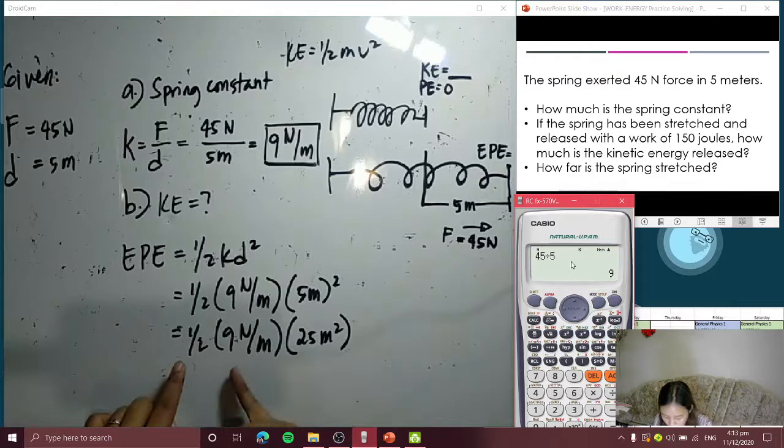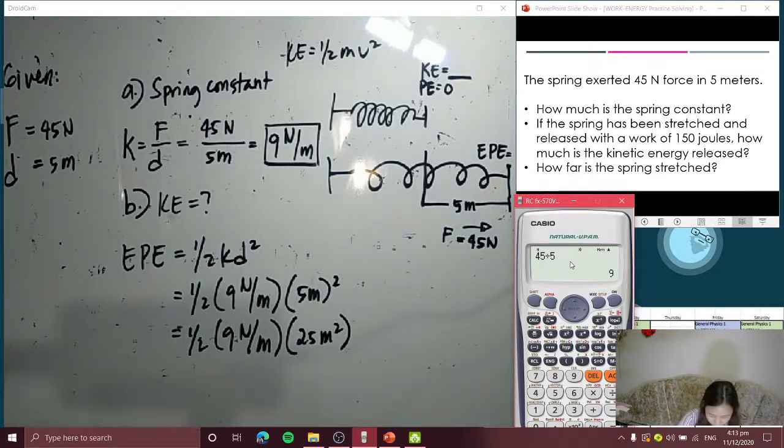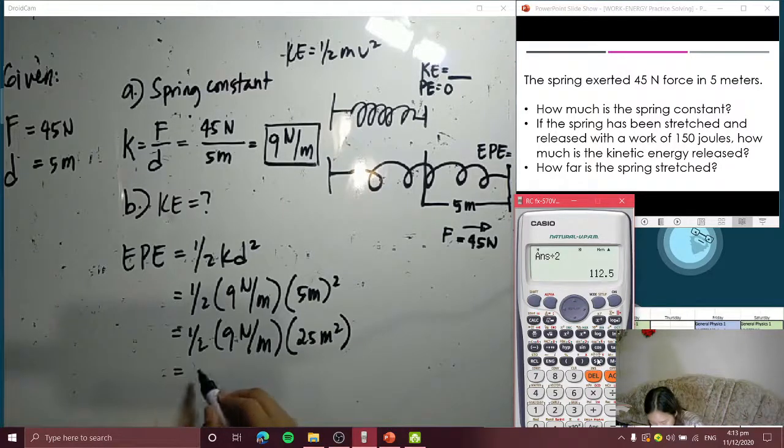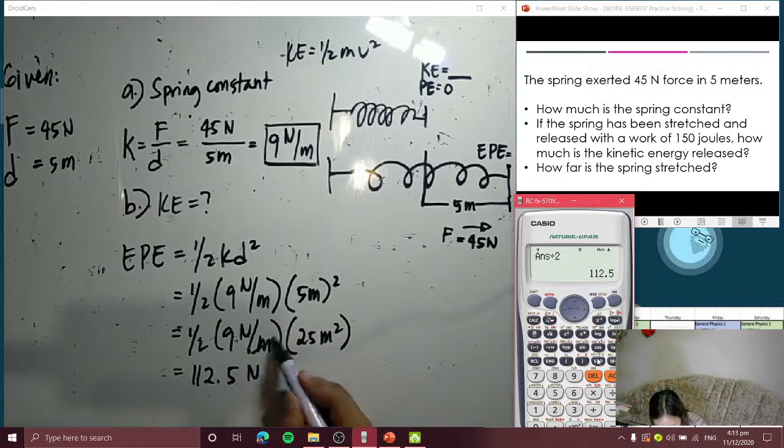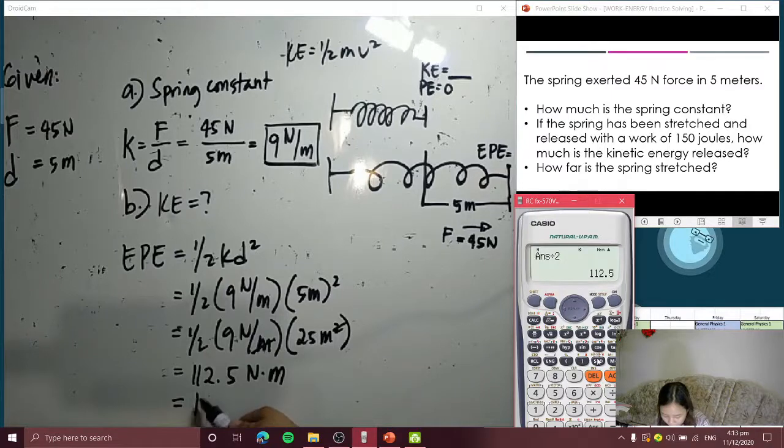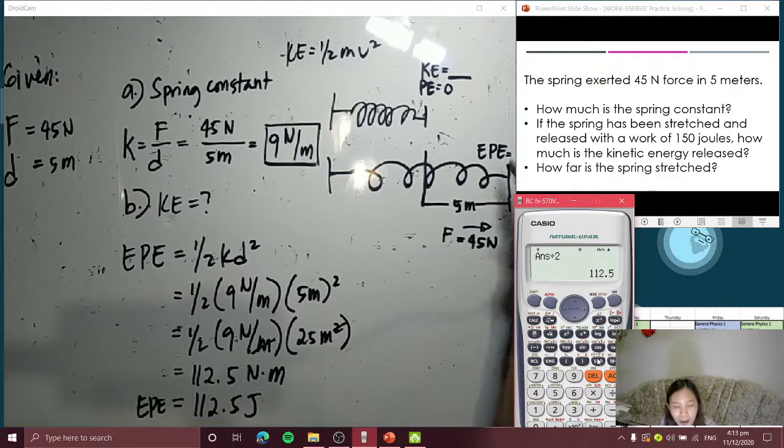Just simply multiply the two values, then divide by 2. 9 times 25 is equal to 225 divided by 2, that's equal to 112.5 newton. Cancel ang isa ka meter sa denominator, so newton times meter. So for our EPE, we have 112.5 joules. Nakita ta na kung pila ang iya nga maximum EPE pag-stretch mo sa iya.